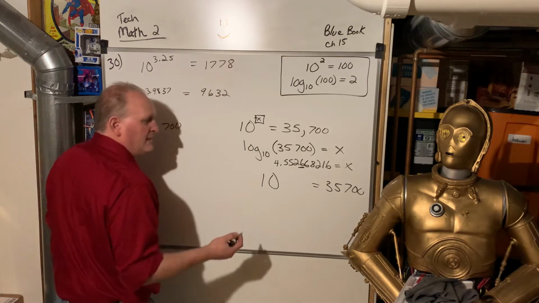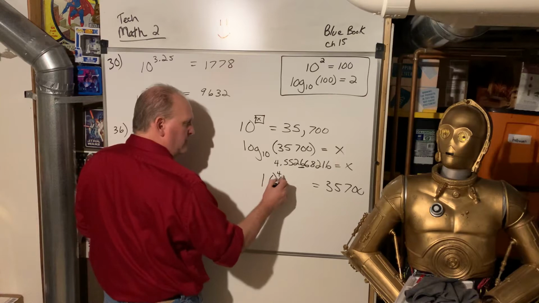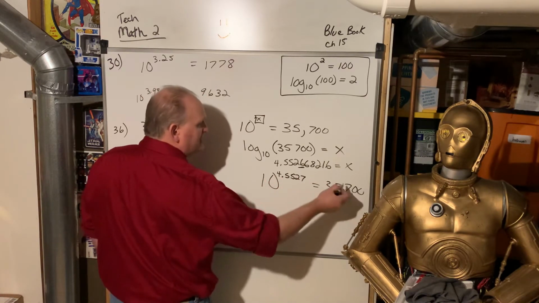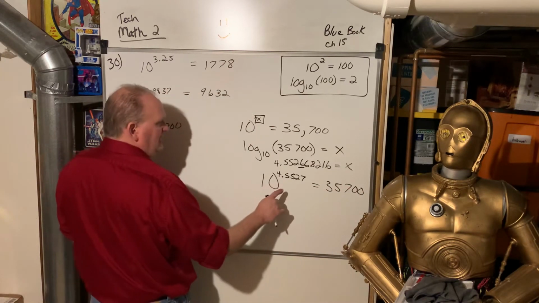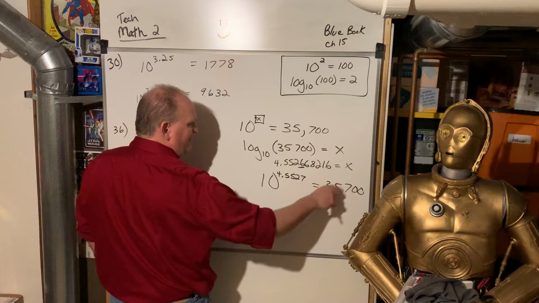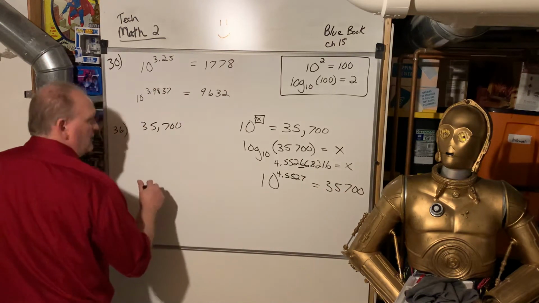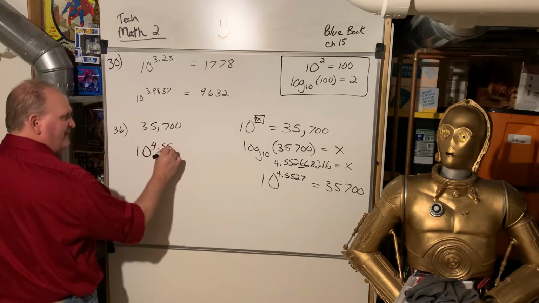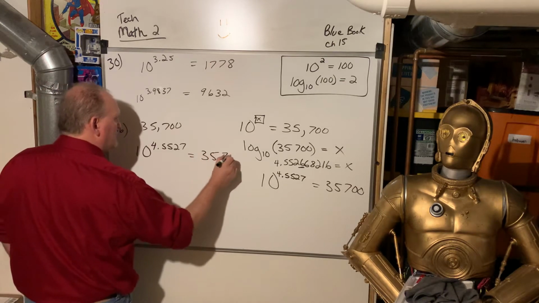So we'll make it a 7. So look, if I want to write that, it's 10 to the 4.5527 power is approximately 35,700. If you checked it, because we left all this part off, it won't be exactly 35,700. It'll be close though. So the answer for 36 is 10 to the 4.5527. That's equal to 35,700.